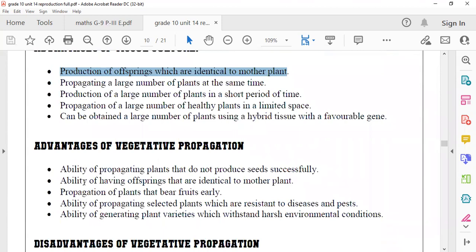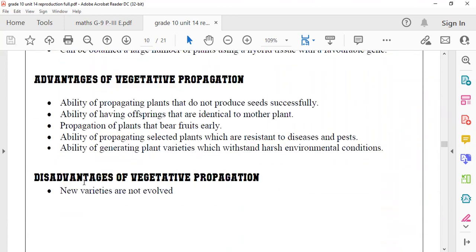Thereafter, advantages of vegetative propagation, and ultimately disadvantage of vegetative propagation. I'll meet you again with a new video to further proceed with sexual reproduction in plants. The next coming 11 pages are going to be based on sexual reproduction in plants.